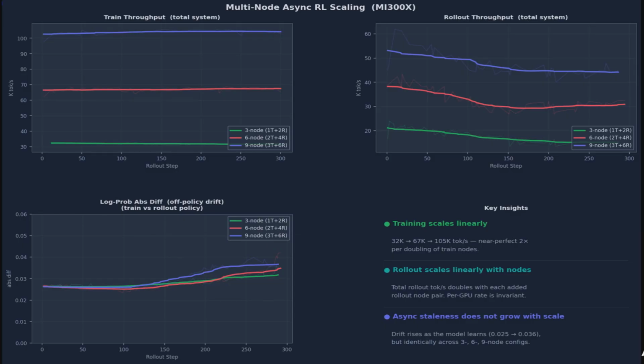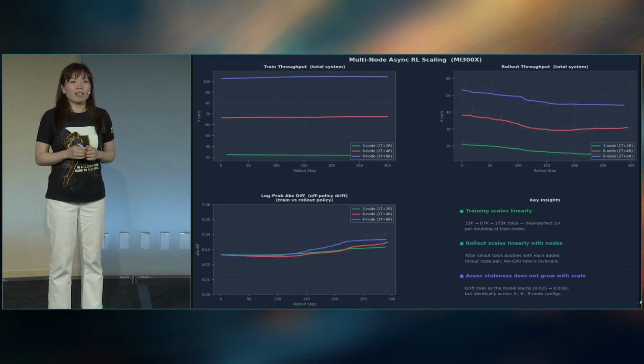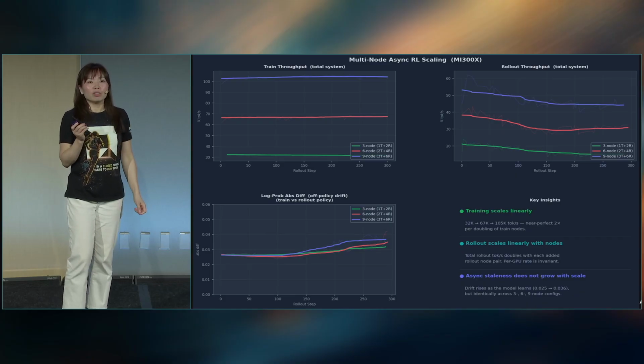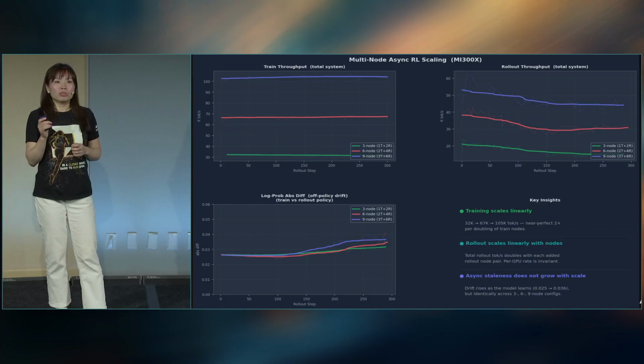On the bottom side, this is the log probability gap between the rollout and the training. At the very beginning, because of the off-policy drift, we have a little bit of gap. Then as time goes and the model learning evolves, we see a little bit of drift.